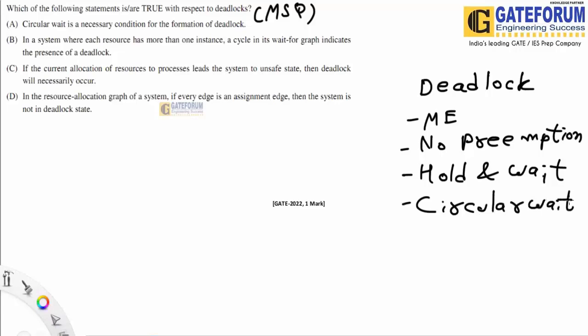All of these are necessary conditions for deadlock, and out of these, circular wait is what is being asked. So circular wait is definitely a necessary condition for deadlock, and the first option is true.